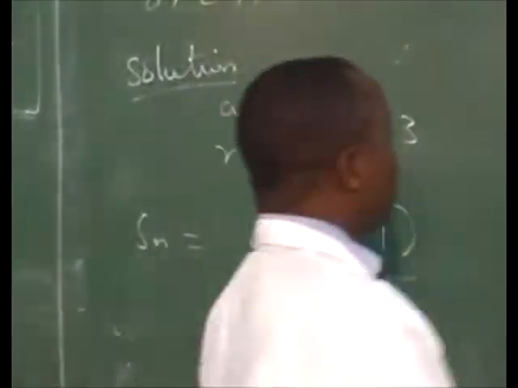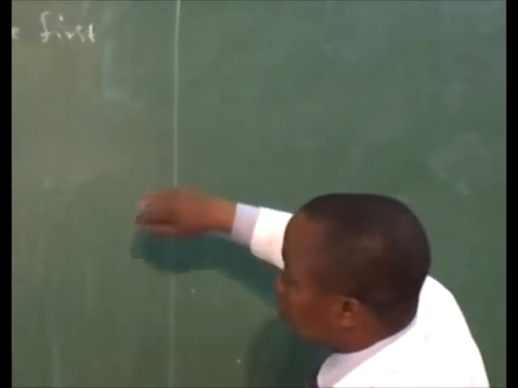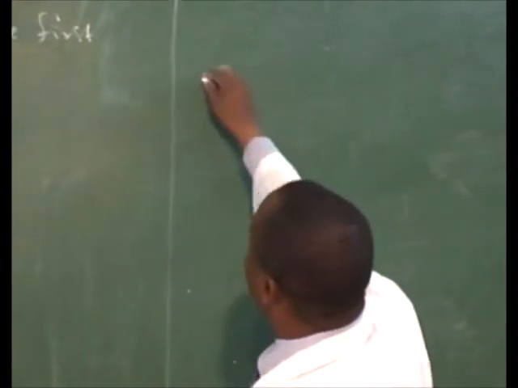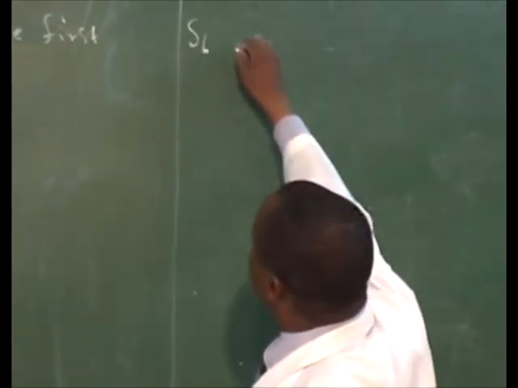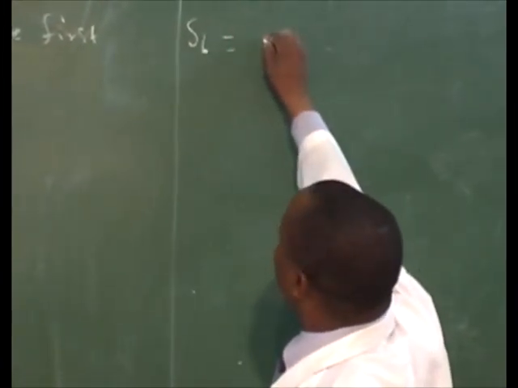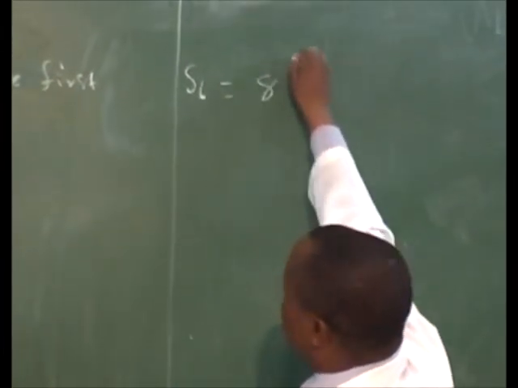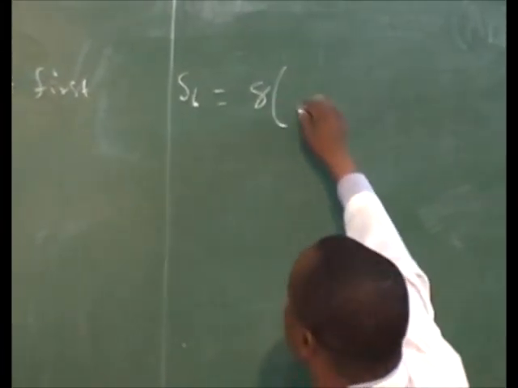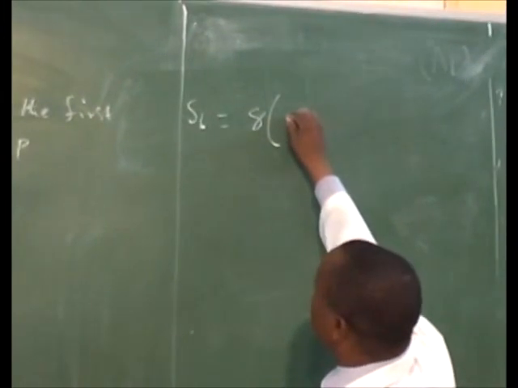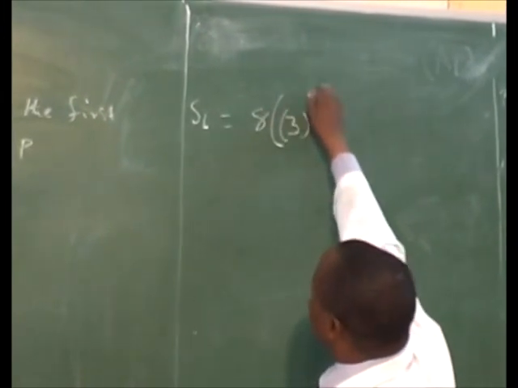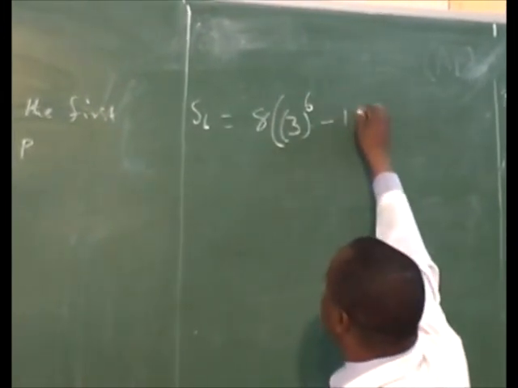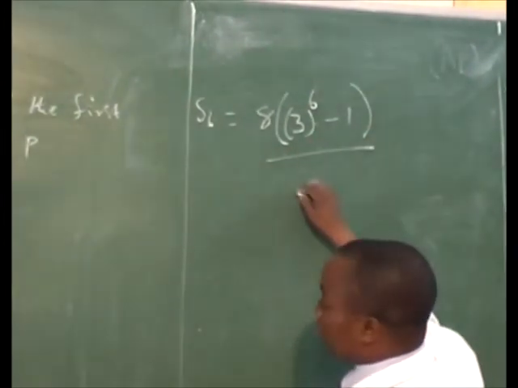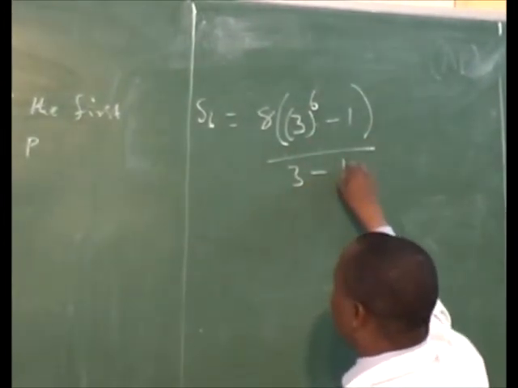That is to say that the sum of the 6 terms will be equal to A, and A is 8, times (3 raised to 6 minus 1) all over R, which is 3 minus 1.